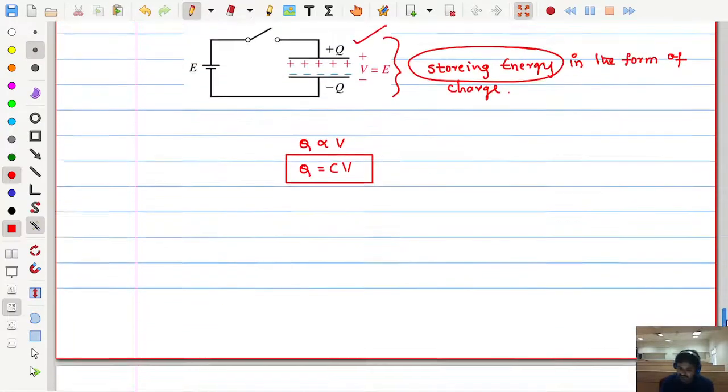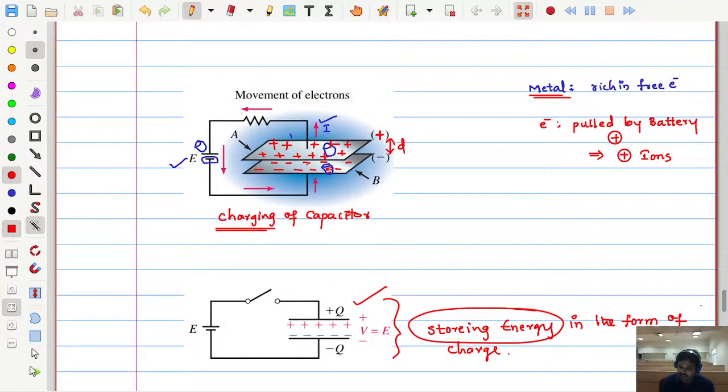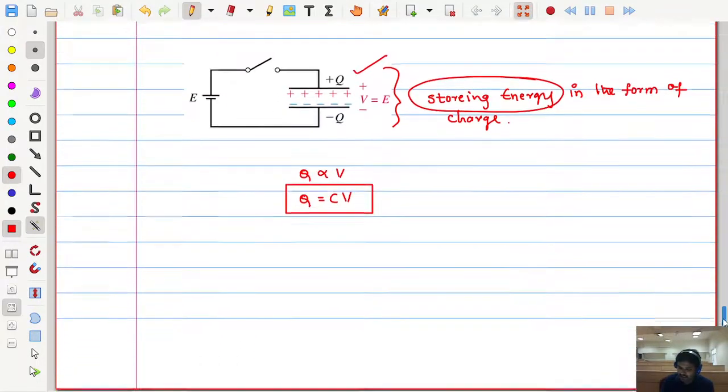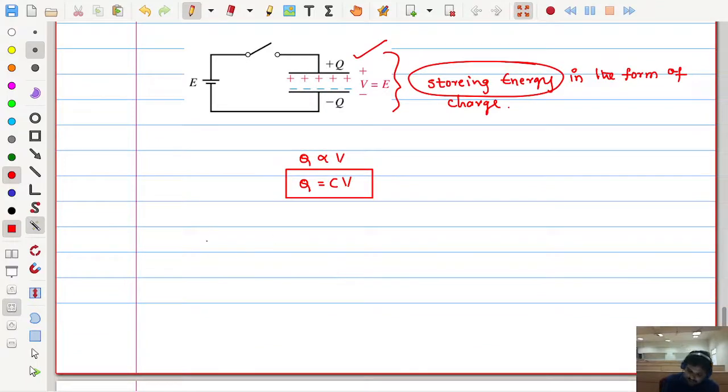Now, based on the plate dimensions and area of cross section, we can have the capacitance value C equal to epsilon naught A by d, where epsilon is written as epsilon naught times epsilon r, which we call permittivity. Epsilon naught is the free space permittivity, and epsilon r is the relative permittivity.